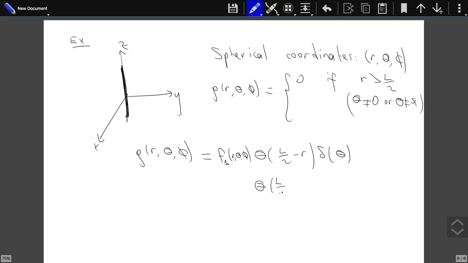And again, we have this time the Dirac delta of theta minus pi. F1 basically tells me how the charge is distributed in the upper portion, and F2 tells me how the charge is distributed in the lower portion. Again, we can say that, okay, let's assume it's uniformly distributed.